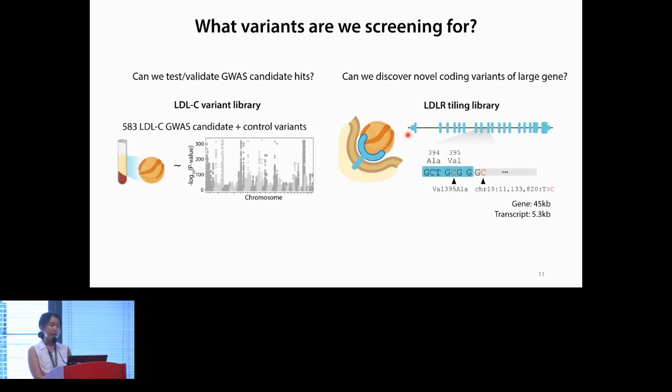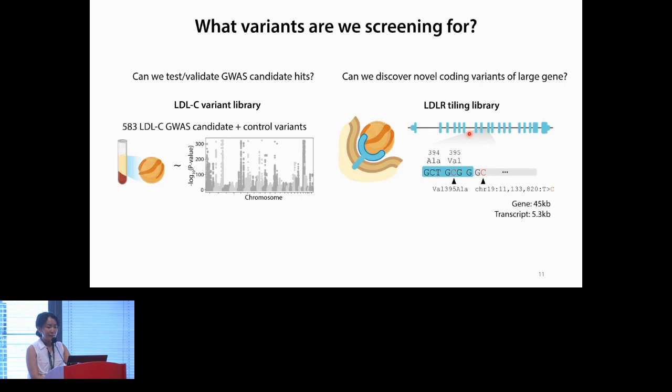So we are looking at the LDL receptor, and this library of guides are tiling across more than 5 kilobase pairs of exonic regions. And in this library, we are trying to induce every possible missense variant that can be induced by A base editors.